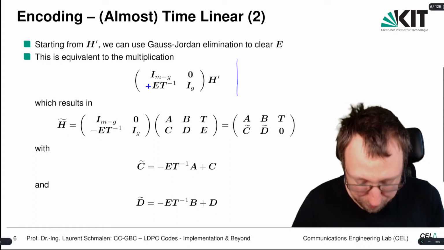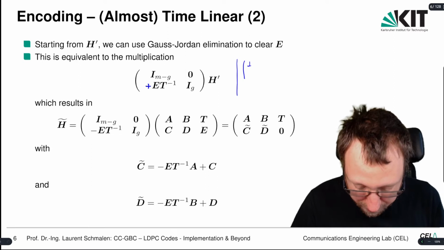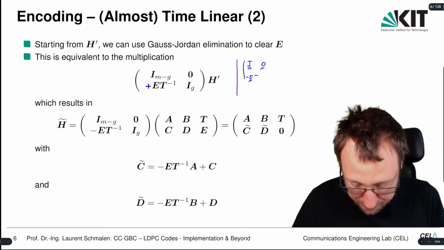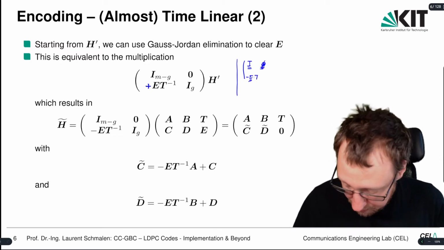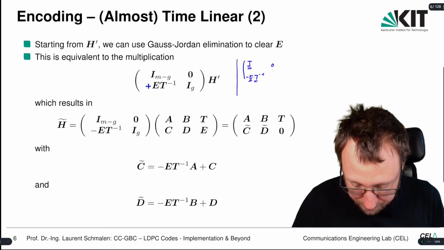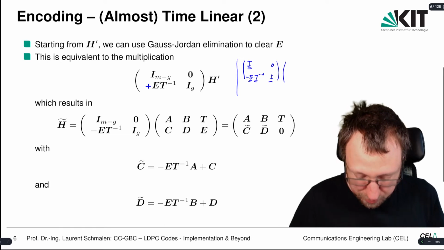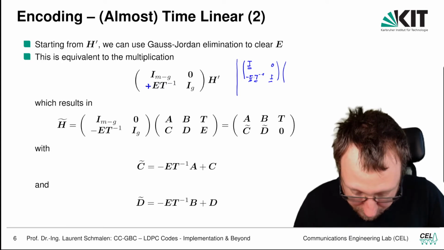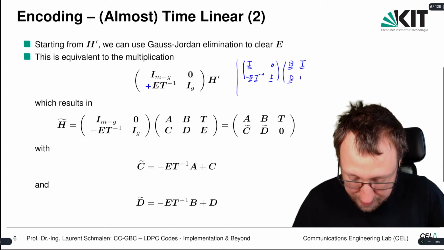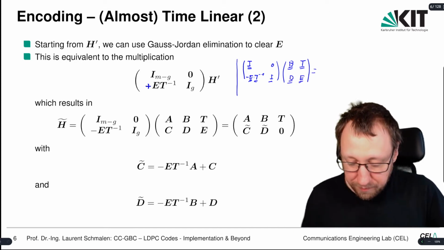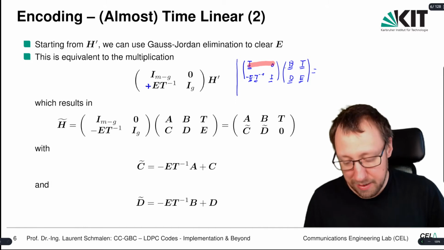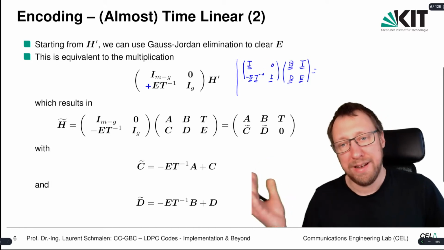Let's take a look at an example of why this works. We look at the identity matrix, the zero matrix, and minus E times T to the power minus 1. I'm just going to spread this out a little more. And we have a matrix, the left part of which is B, T, D, E. Matrix multiplication works by taking the first row of this matrix and multiplying with the different columns of the right-hand side.